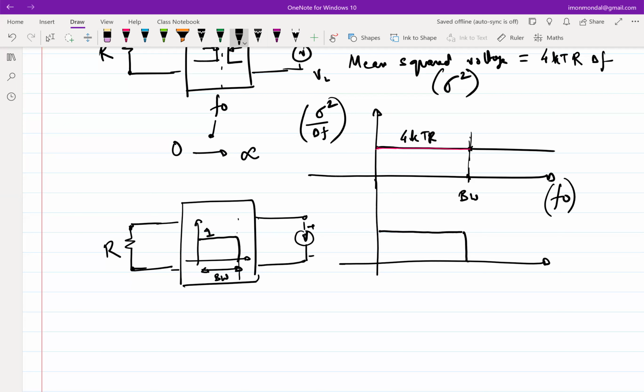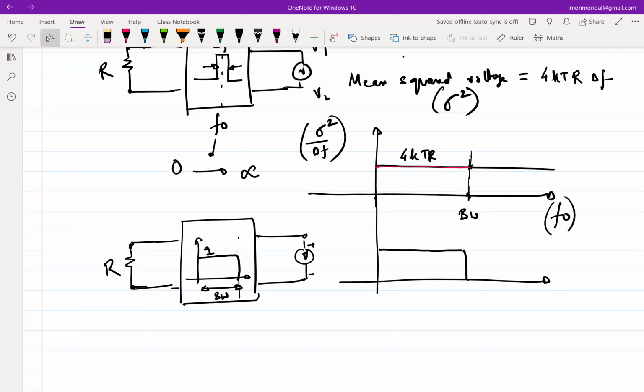By the way, let me start using the notations that are commonly used. This is the power spectral density, which typically has a notation of S. And if we are talking about voltage, we call it SV, right?